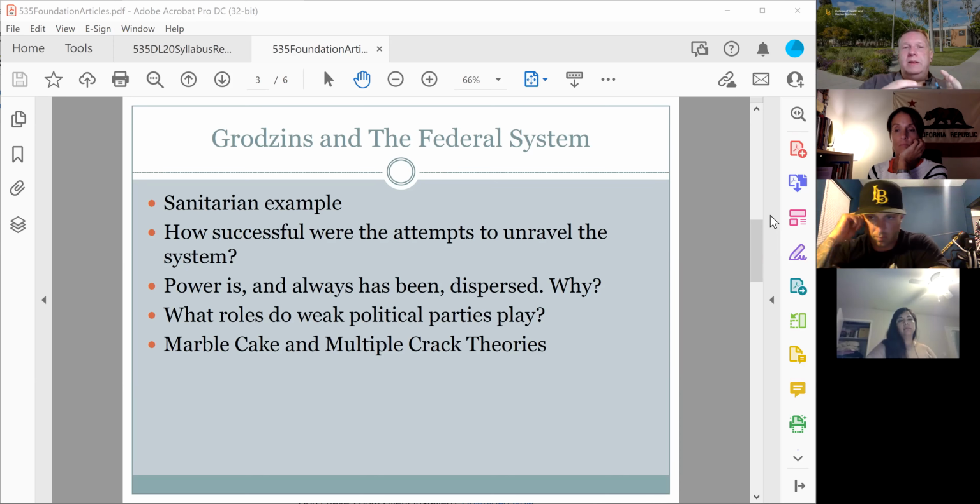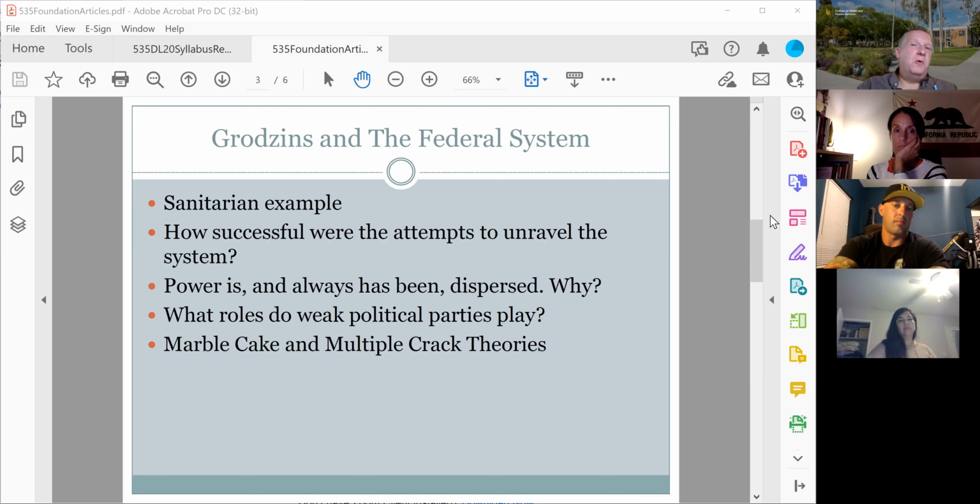So the big point to take away from the Grodzins article is this idea of a multiple crack approach to federalism, and the fact that Grodzins argues we never really had a coordinated authority model. We have always been an overlapping authority model of federalism. We have always had this intermingling and commingling of powers and functions between all of our levels of government.